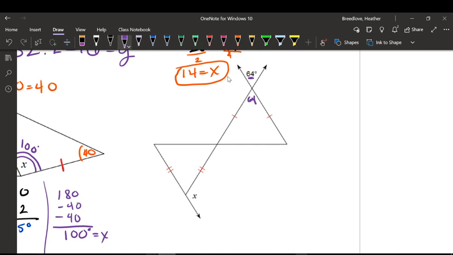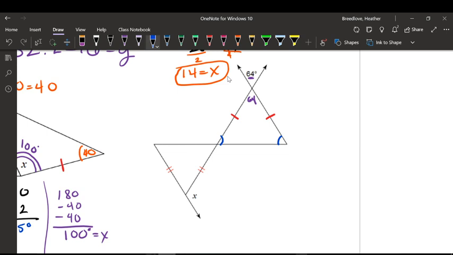And now I'm into one of the triangles. So I can figure this triangle out because I have the vertex angle, and I see that it's marked as an isosceles triangle. I know isosceles triangles have congruent base angles.